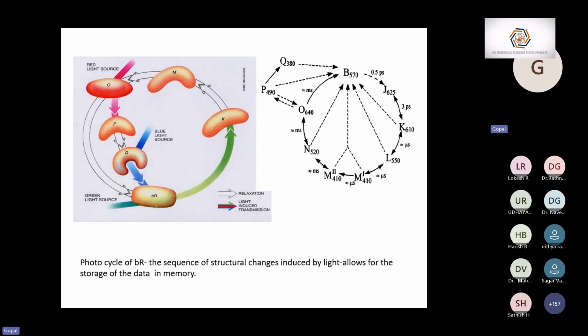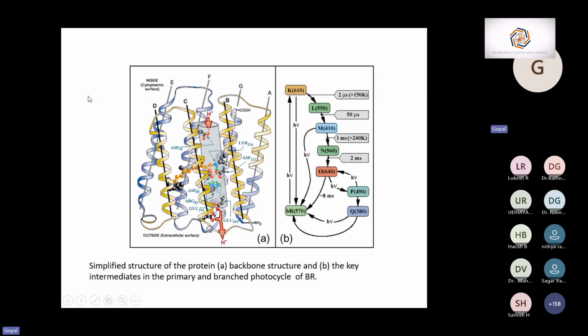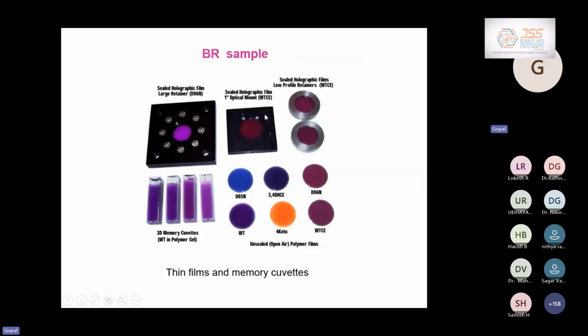Okay, and different transformations, and even though it's a biomaterial, it was not used much in biology, mostly for optical memory and other things. So this is how the bacterial rhodopsin structure is shown, how it responds to light, but I don't consider this one.